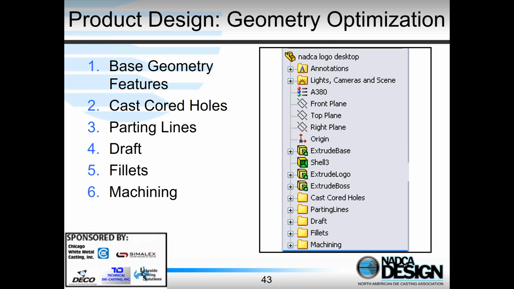If you're going to do casting simulation, though, in terms of how the cavity is going to fill and how it's going to solidify and where the porosity is going to be, then obviously you want the model with step 6 missed out. We want to see the design of what's going to be cast if we're going to do a model or a simulation of the casting.